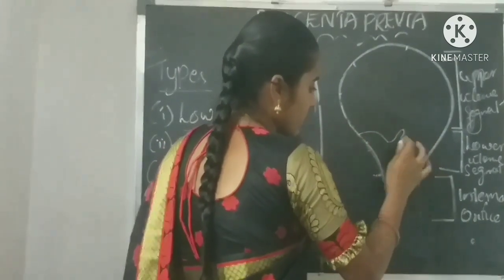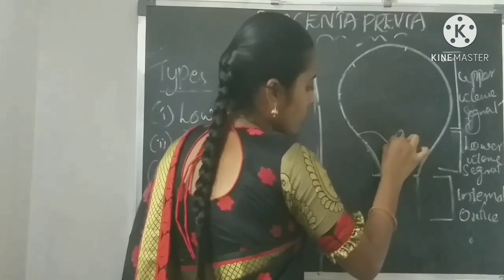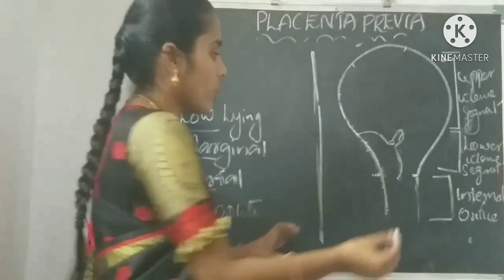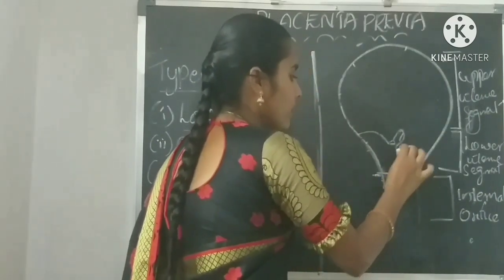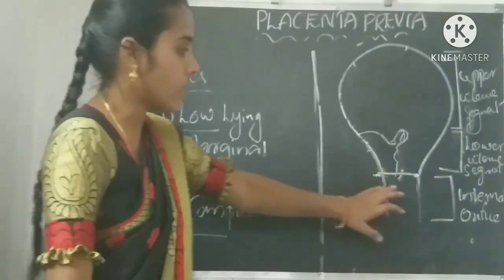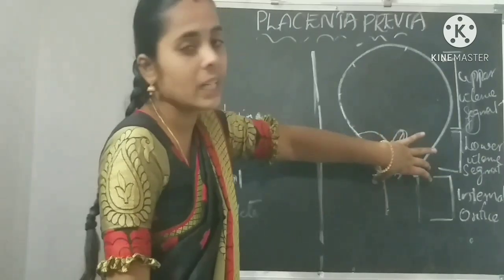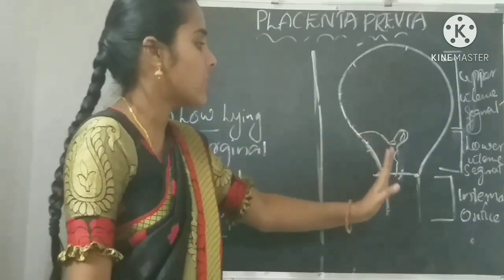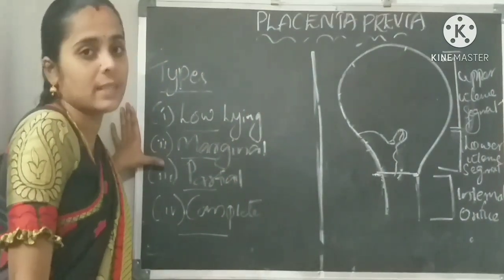If it covers half of the internal orifice, then it is called partial placenta previa. It covers the internal orifice partially, but it does not cover the complete orifice.